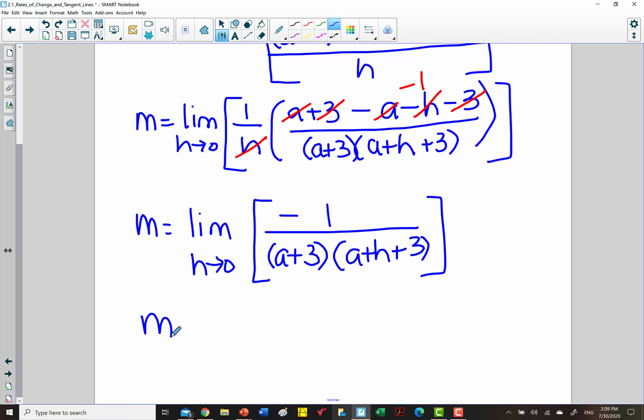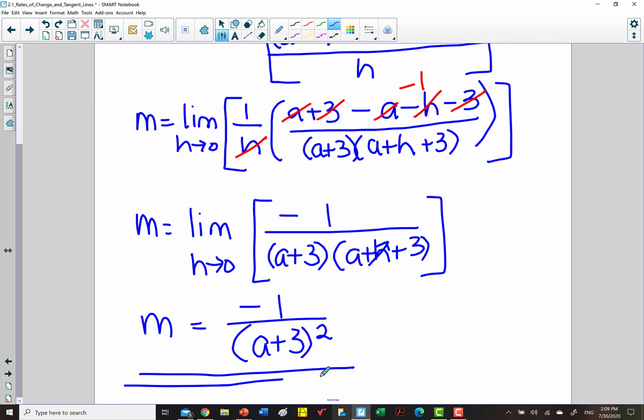So the slope, substituting 0 here, the slope is going to be negative 1 divided by a plus 3 quantity squared. So that's what they were asking us to do.